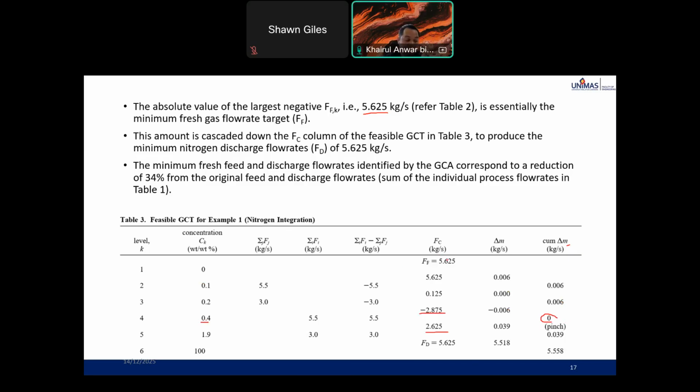Then we do the calculation again, starting from here, FC. We do the cascading. 5.625, then 0.125, and so on. So the discharge of the gas is the same.